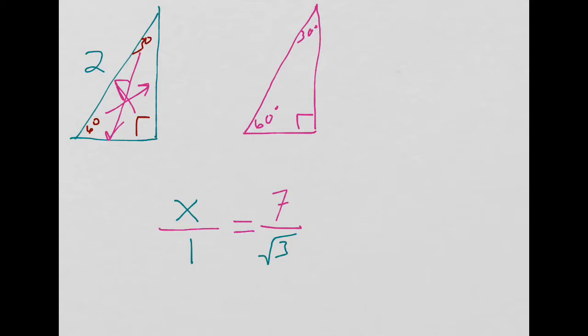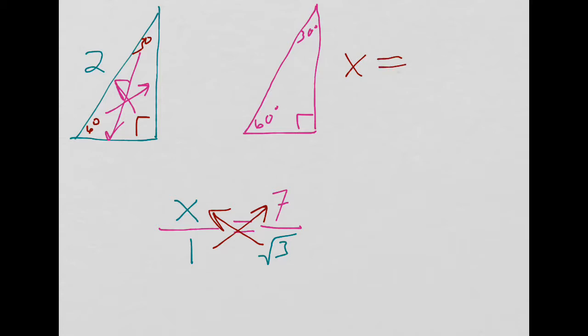Now, we're not done yet, but remember that you are cross multiplying usually. But if you come up with x over 1, then you don't really have to cross multiply. Why? Because x over 1 is the same as x.